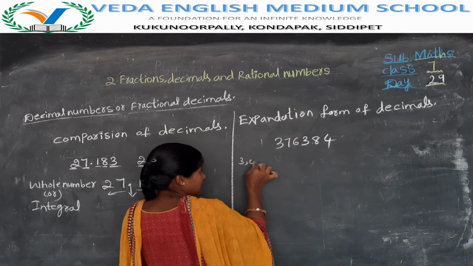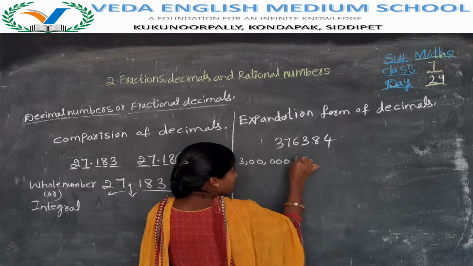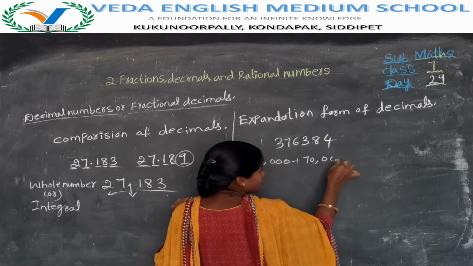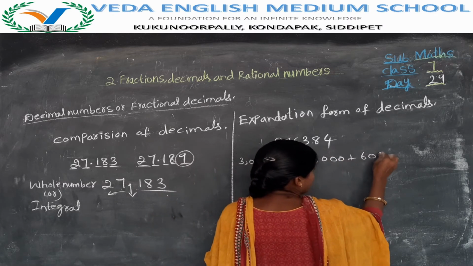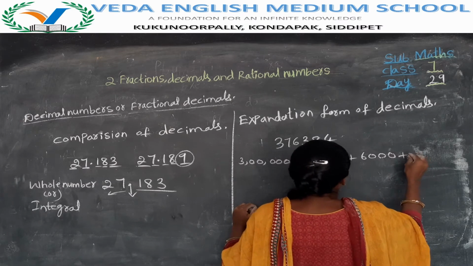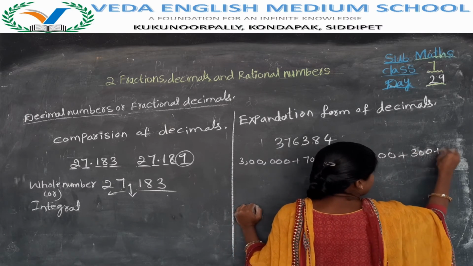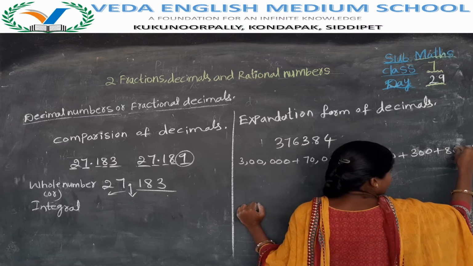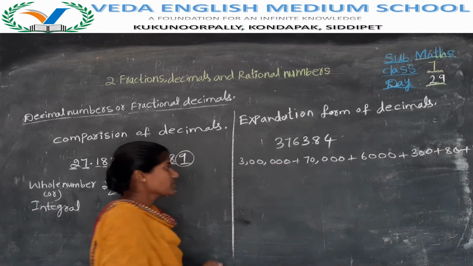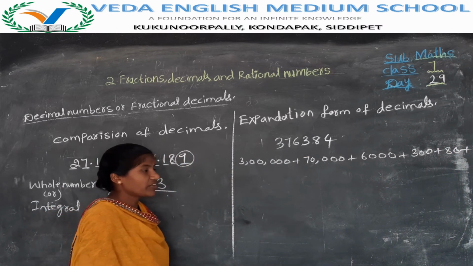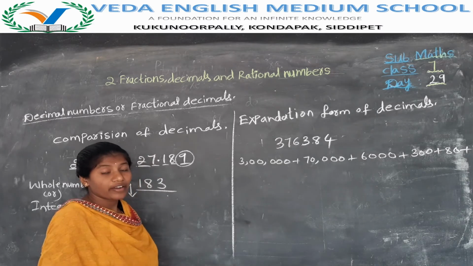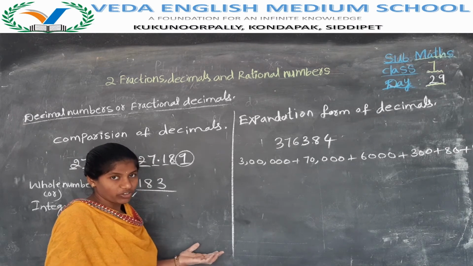That means 3 lakhs plus 70,000 plus 6,000 plus 300 plus 80 plus 4. If it is a normal number, then you have to write the expanded form like this.